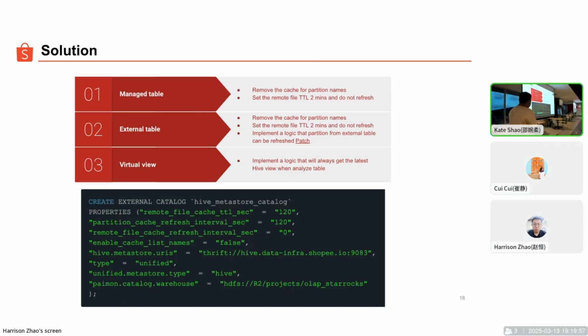Here is the example of the catalog we created for the Ad-Hoc task. You can see we remove the partition name cache and we set up the remote file cache to refresh next time.